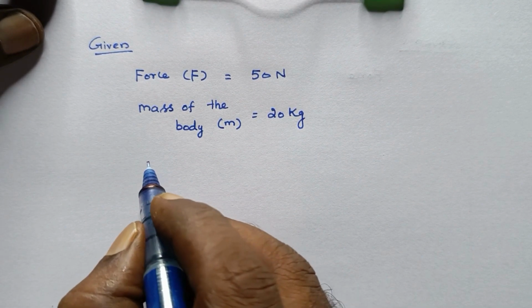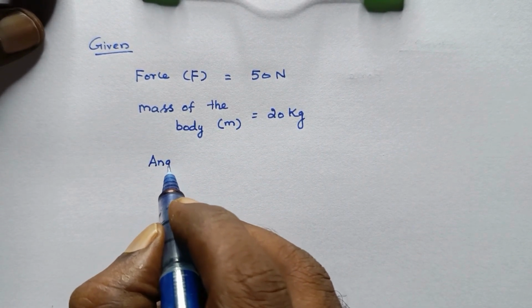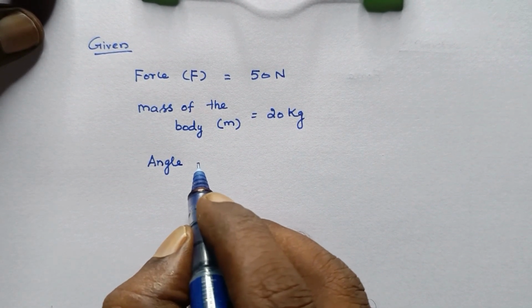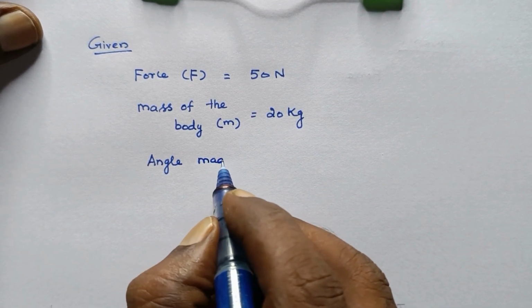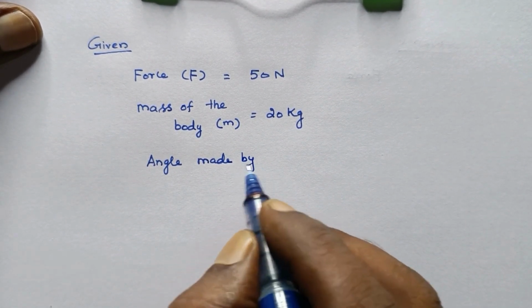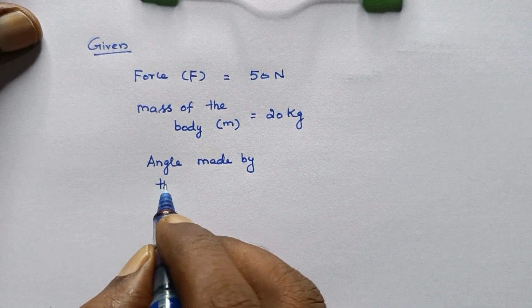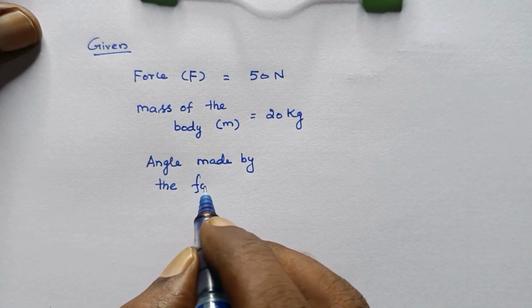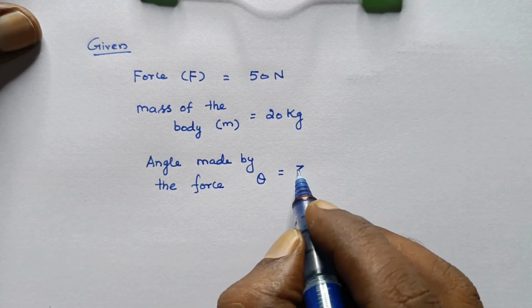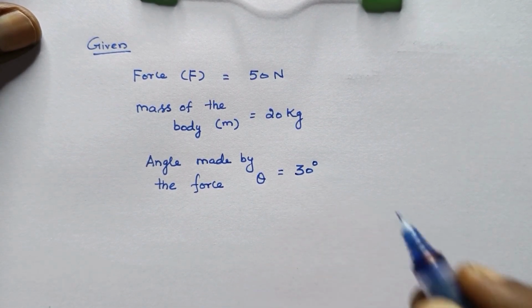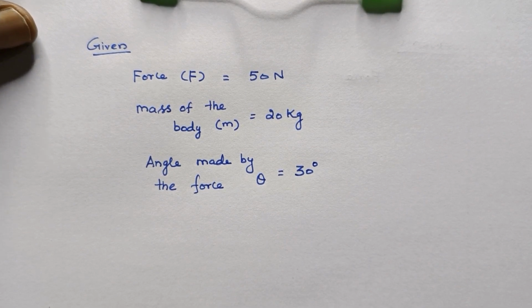Next, angle between the force and the x direction, or angle made by the force, theta, is equal to 30 degree. So these three data are given to us.